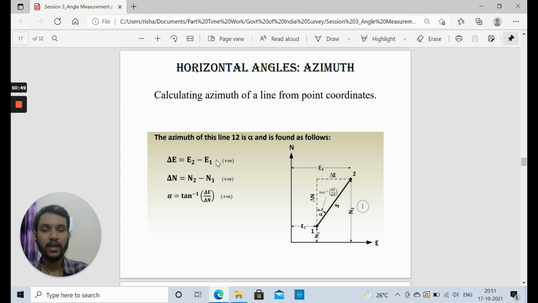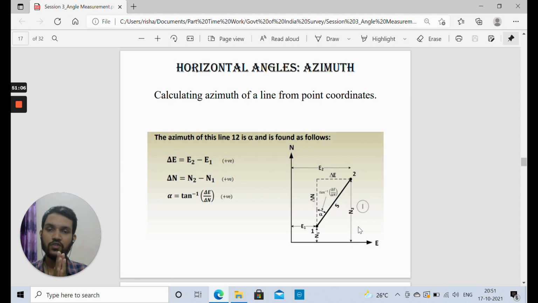So for a particular line, you know the coordinates: the initial point 1 has coordinates, suppose, E1, N1, and the second point has coordinates E2, N2. Based on these coordinates you can easily depict the horizontal distance between these two points.